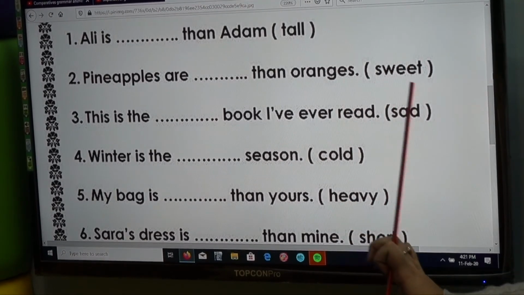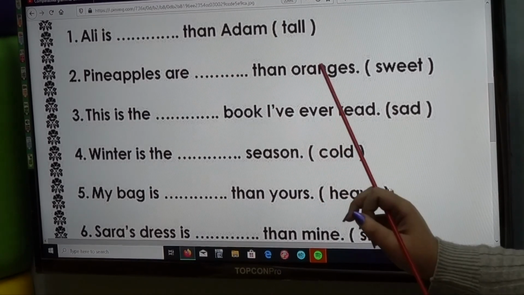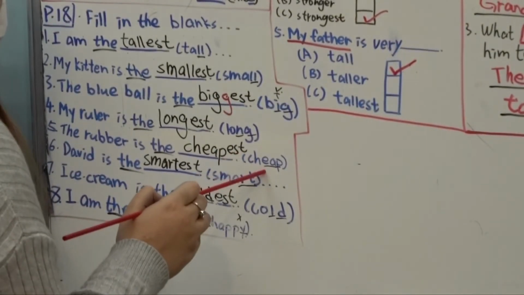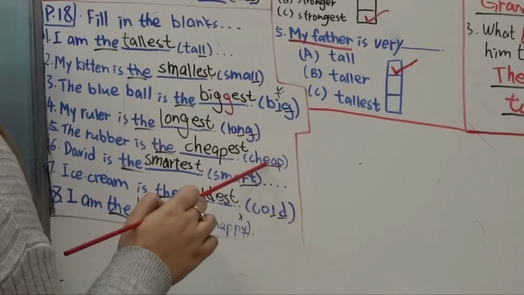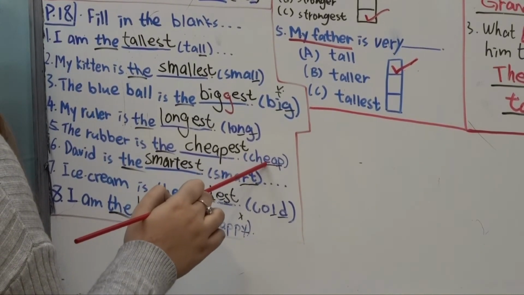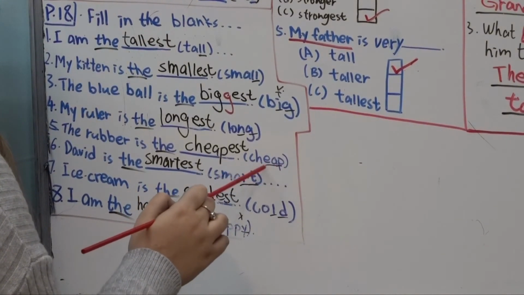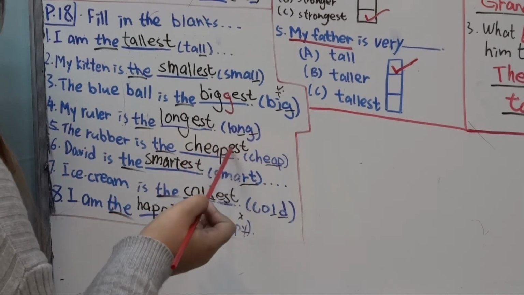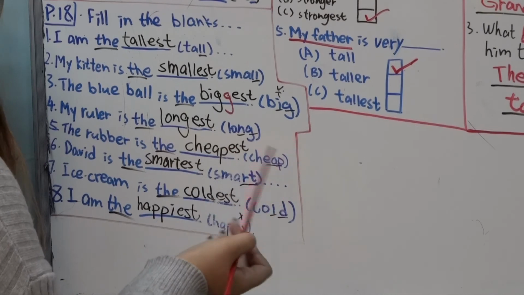So sweet becomes sweeter. Remember the exercise we did here? Cheap becomes cheapest, right? Because it ends with 2 vowels and a consonant. CHEAP, right? EA, 2 vowels. So we just normally add to the adjective. So here is superlative, so we just add EST.